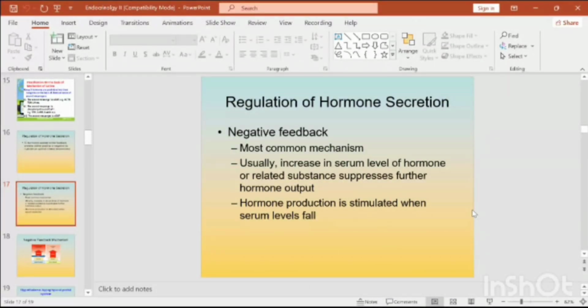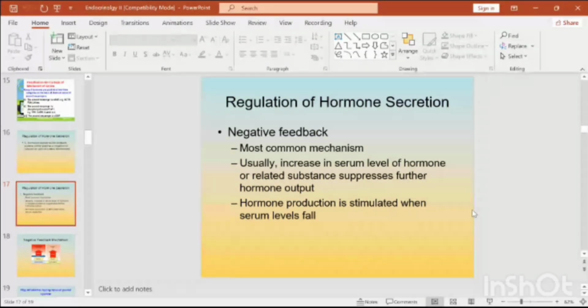And if you take your insulin level right now, which we measure in micromoles, there is a negative correlation between the insulin level and the glucose in your blood. That is an example of the negative feedback system. It is negative in the sense that once your sugar level goes low, the insulin level will equally go low.